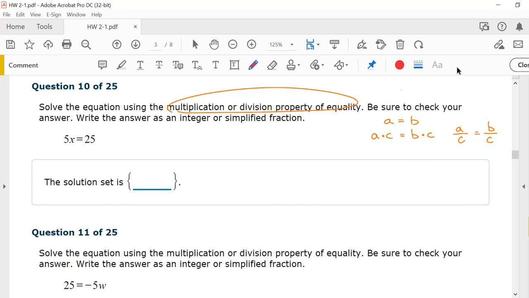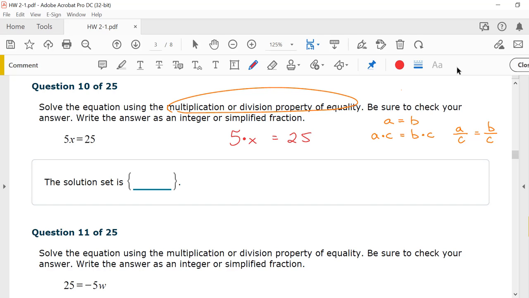So your equation is 5x equals 25. You don't see it, but that really says 5 times x. That multiplication is understood.